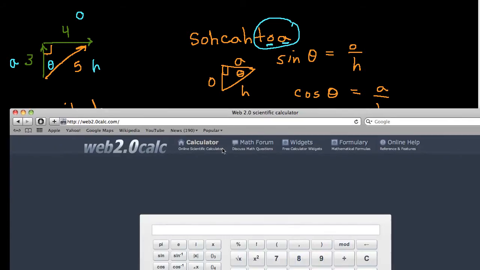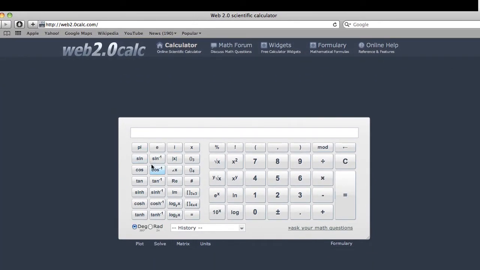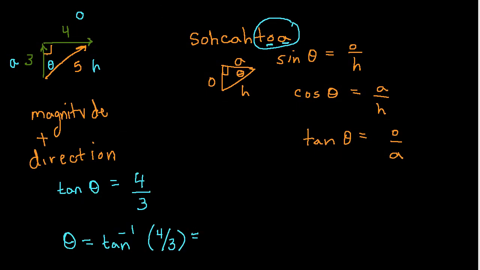So inverse tan is the tan to the -1 here. So inverse tan, also called arctan, 4 divided by 3. And I'll ask it what that is. 53.1 degrees.